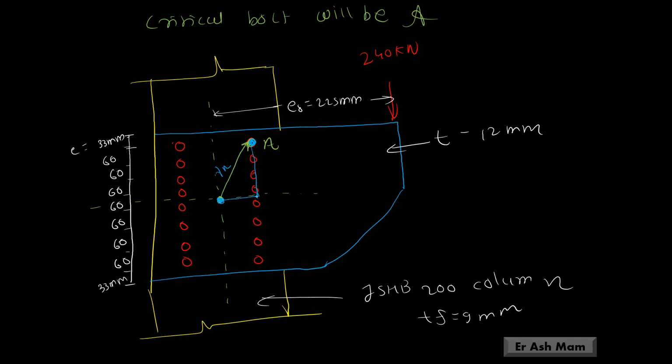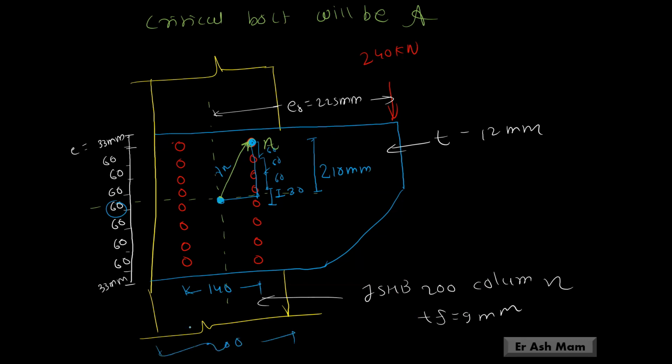The distance from this bolt to this bolt is 60, and half of it is 30. Again this one is 60, and again this one is 60. So this side distance equals 60 plus 60 plus 60 plus 30, which is 210 mm. The gauge distance is 140, with total 200 given.